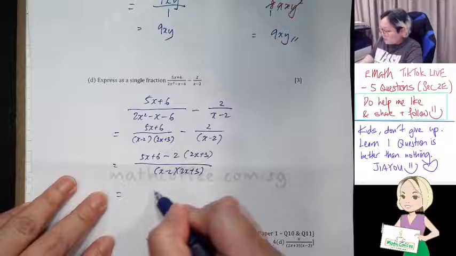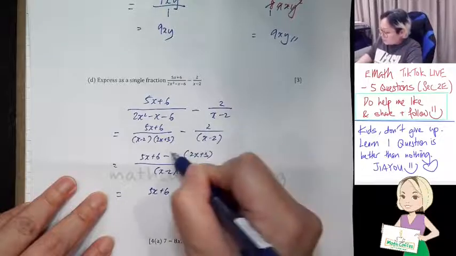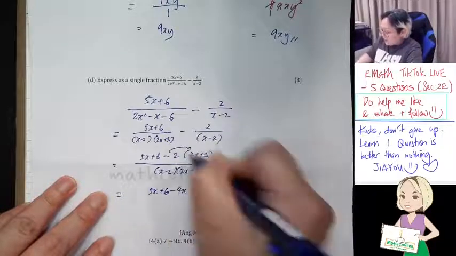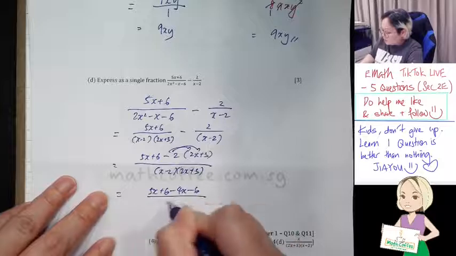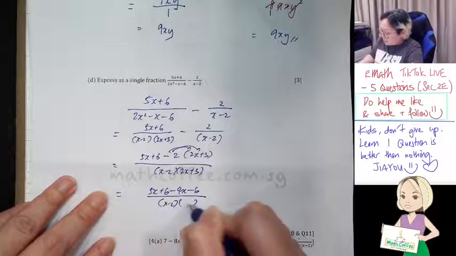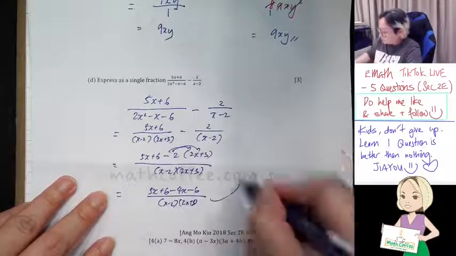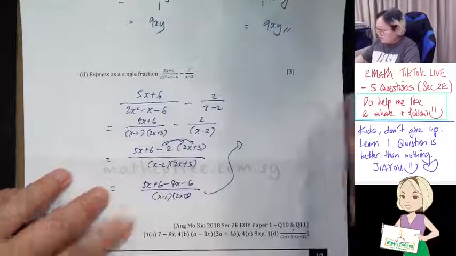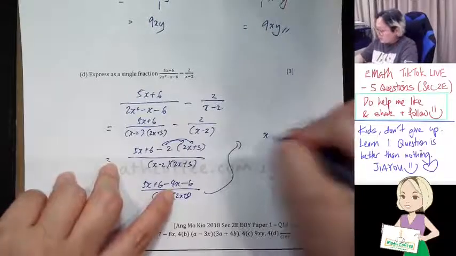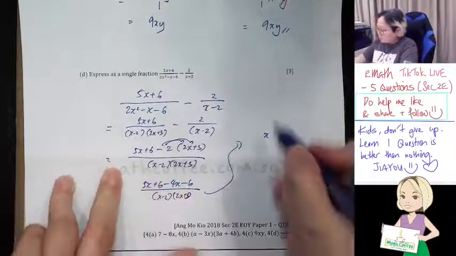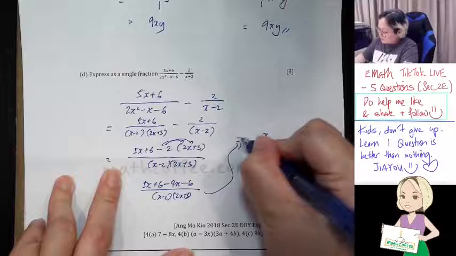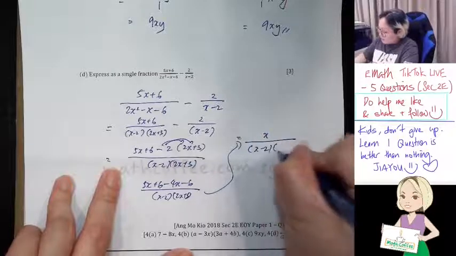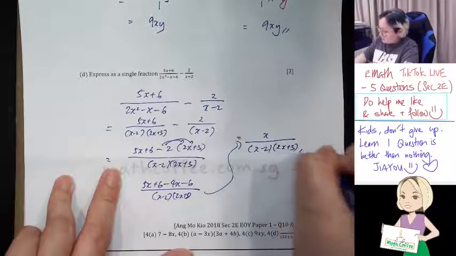So it will be 5x plus 6, rainbow. This is minus 4x. This is minus 6 over 2 bracket x minus 2 and 2x plus 3. 5x minus 4x is x, plus 6 minus 6 is 0. So it's x over x minus 2 and 2x plus 3. Done.